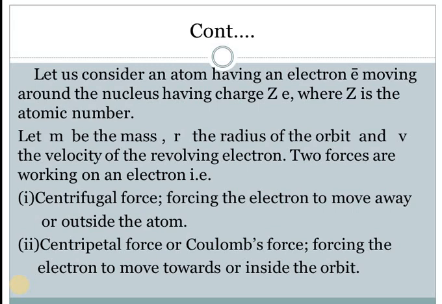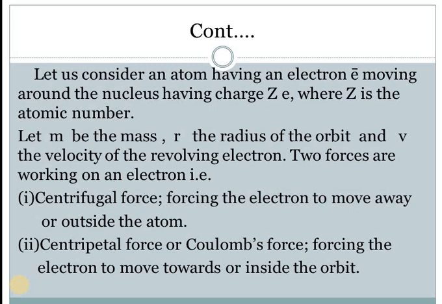The first one is centrifugal force, forcing the electron to move away or outside the atom. That is, centrifugal force is forcing the electron to go out from the orbit. But at the same time, centripetal force or Coulomb's force, which is also known as electrostatic force, is making it move inside the orbit.